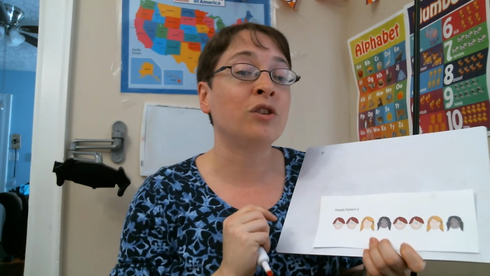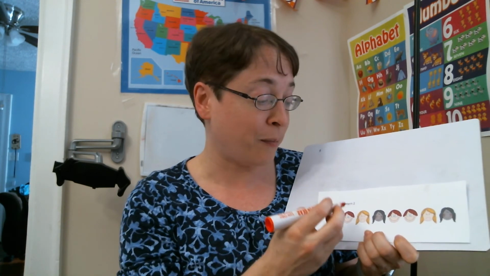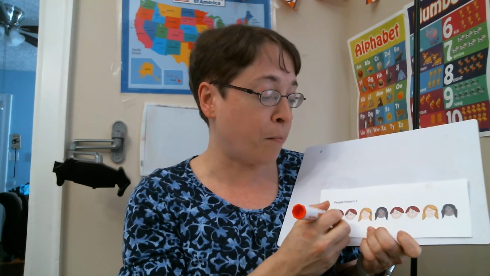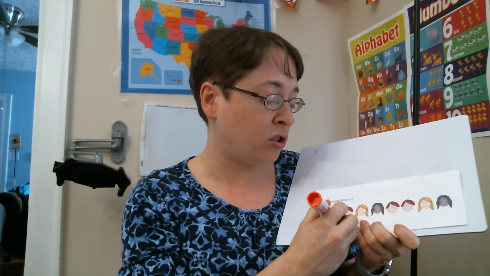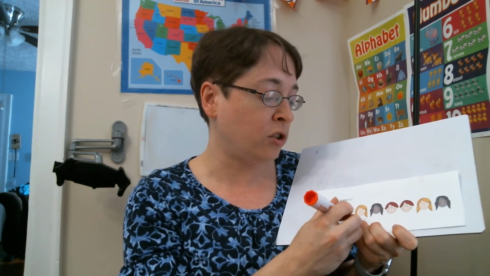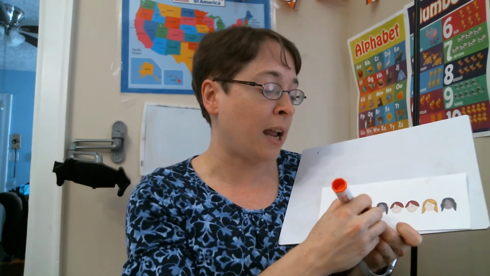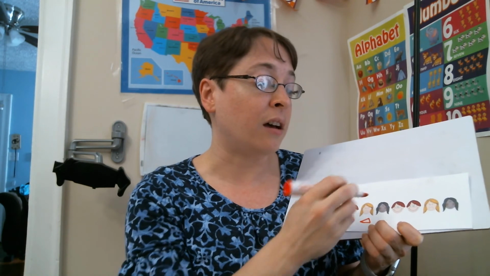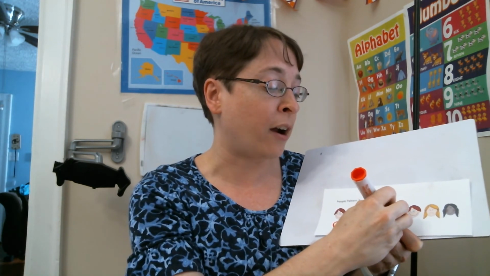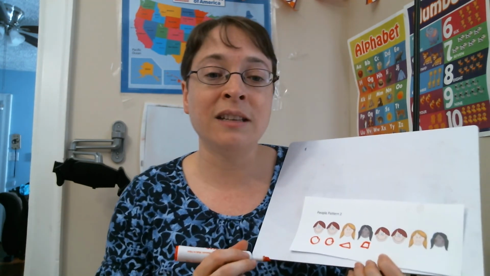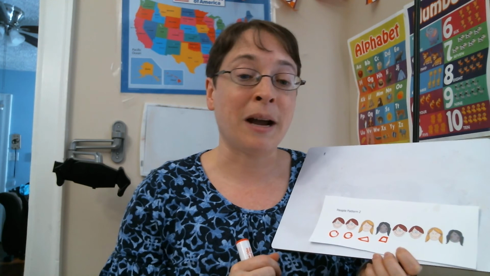So we're going to assign the faces something. So I'm going to assign the boy, let's see, how about a circle and then a circle. Then the girl can be a triangle, and then the happy girl can be a square. So this is what I'm assigning my pattern.